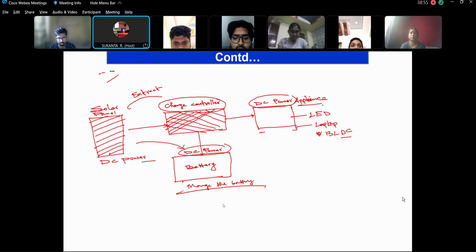Here for the charge controller, the efficiency is 85 to 95 percentage, so it is always more than the inverter system, which converts the energy from DC to AC.